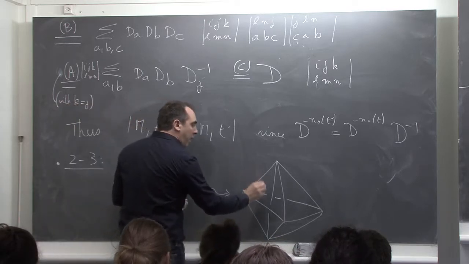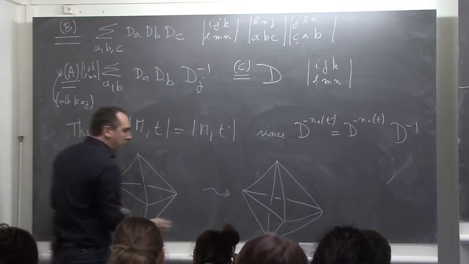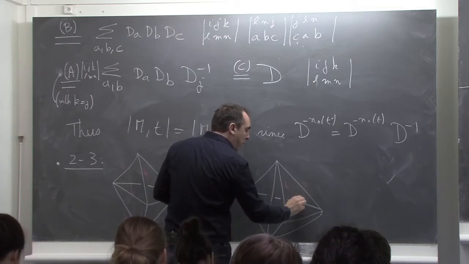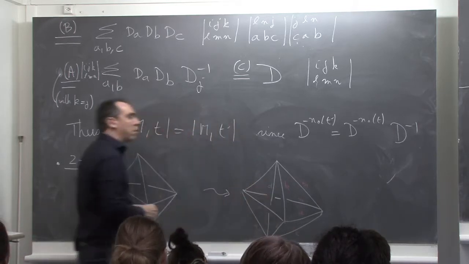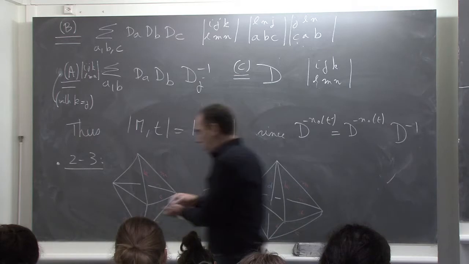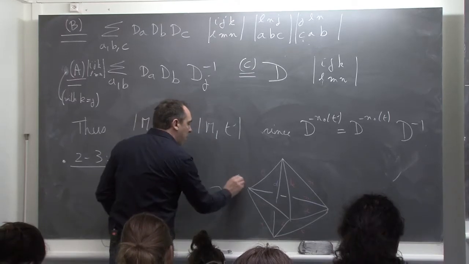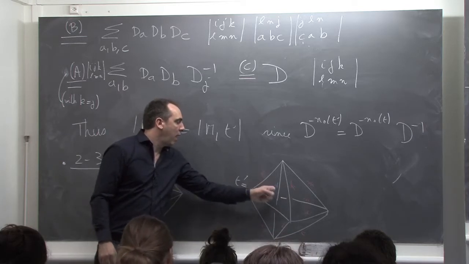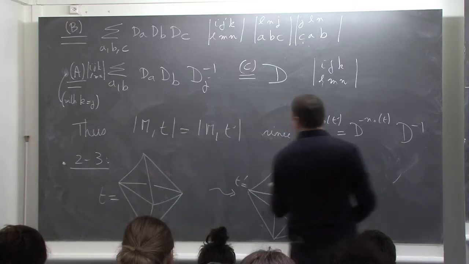So let's say A, B, C, and I, G, K, L, M, N, A, B, C, and D. So here, a coloring of T prime is obtained from a coloring of T by adding one color for the edge so that all the interior triangles, there are 3 triangles, are admissible.